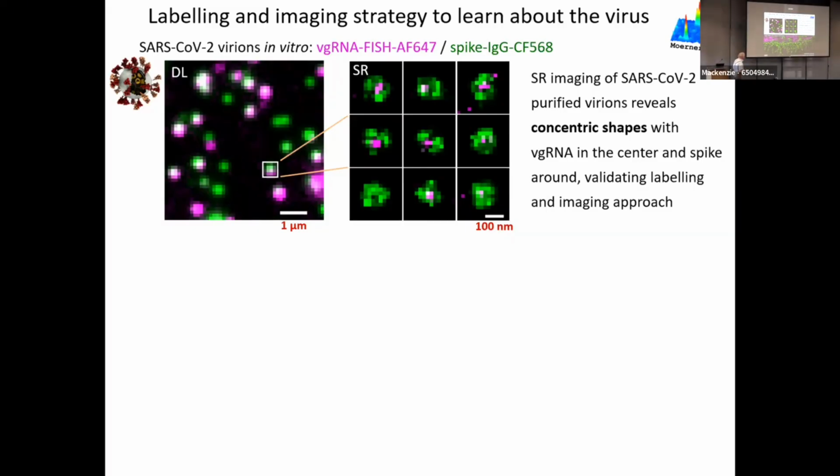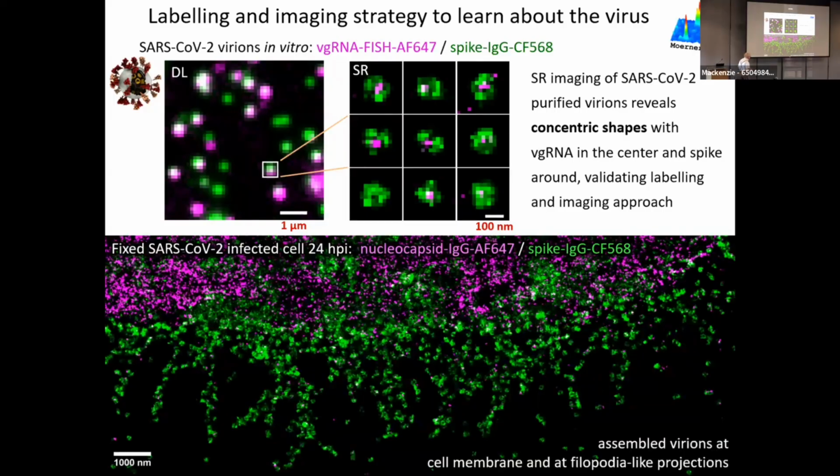Okay, now in the cell, originally we had to work in BSL-3 conditions and get the samples taken care of there and then fixed and brought out of BSL-3 so we could image. So we're really working on fixed cells, which are much less dangerous, of course, than living cells.